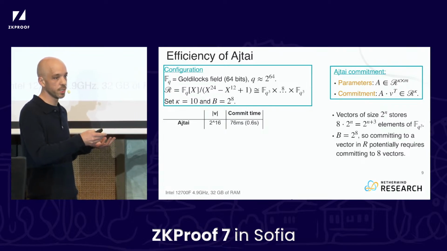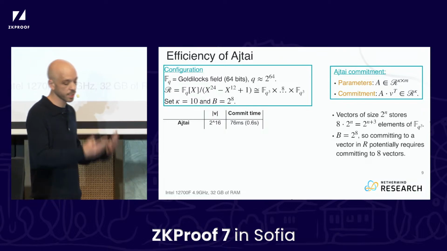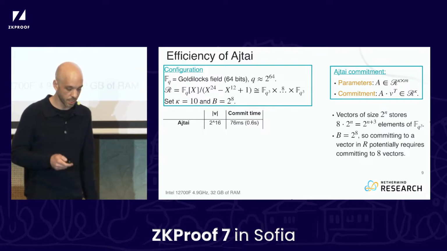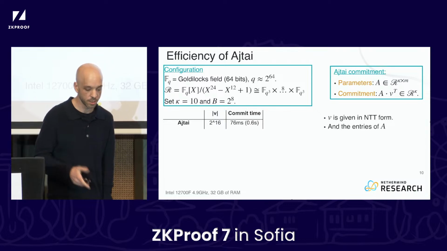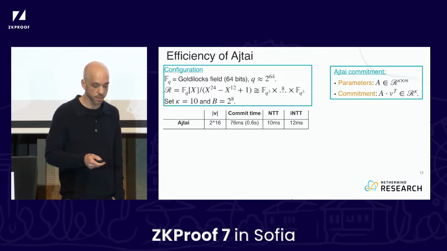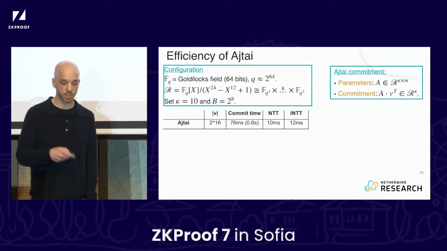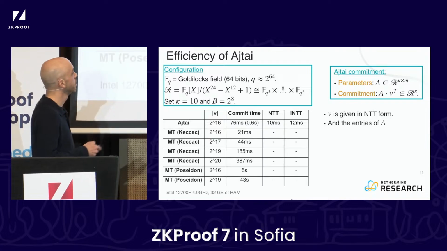It commits to 2 to the 19 field elements. If the norm is large, then the cost is half a second. It commits again to 2 to the 19 field elements. Here we assume that the vector is given in NTT form as well as the entries of the matrix. And this is kind of a cheap assumption because computing NTTs turns out to be relatively cheap.